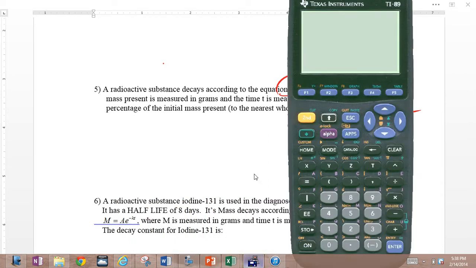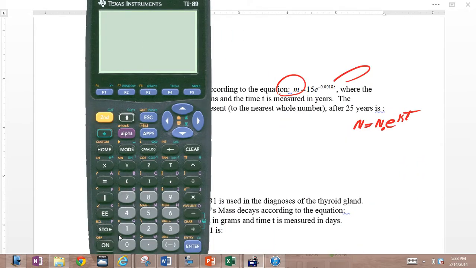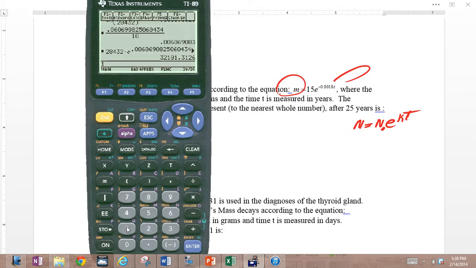So here we go. Our equation is 15 e to the power negative 0.0018 times 25. Decay is going to have a negative growth constant.